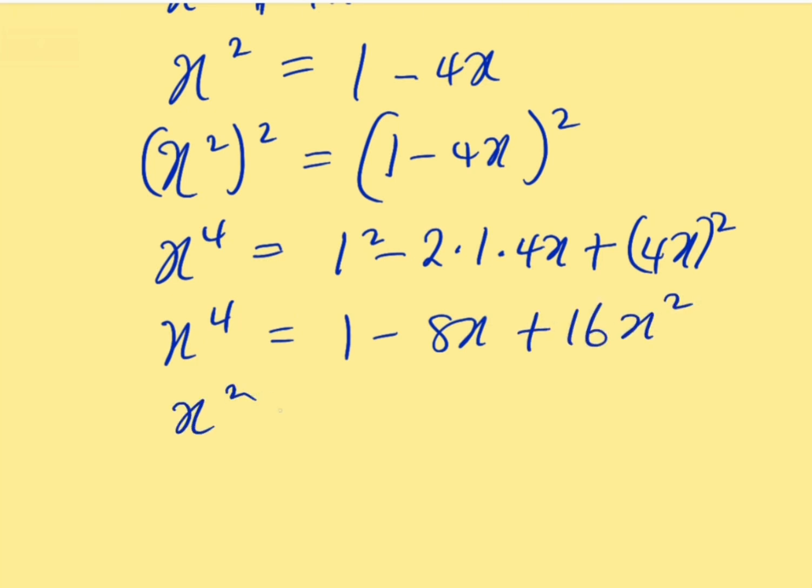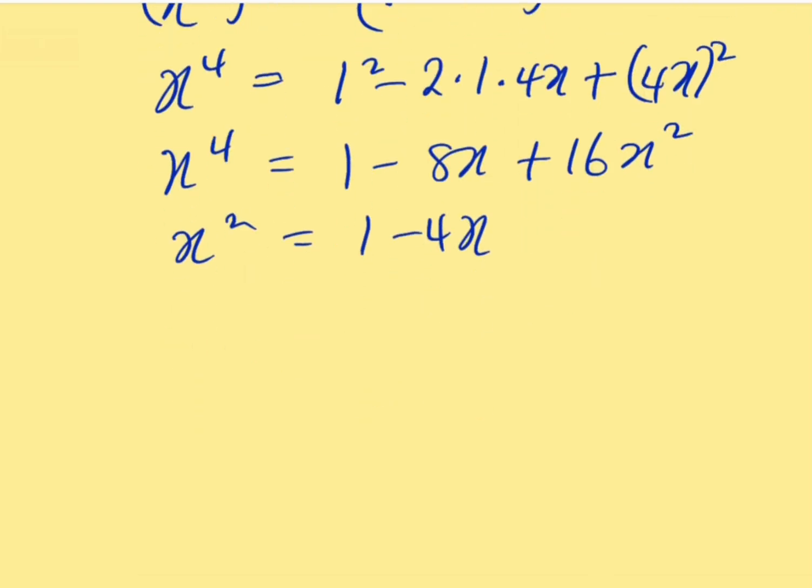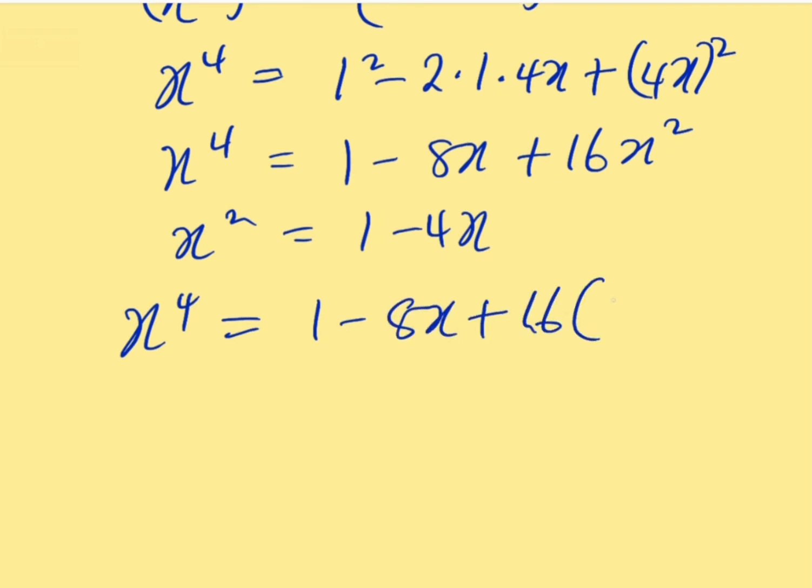But remember that x squared is equal to 1 minus 4x from here. So anywhere you see x squared, you put 1 minus 4x. The essence of doing this substitution is to remove the power of 2 there, so that the simplification will be easier. Now x to the power of 4 is equal to 1 minus 8x plus 16, then you put 1 minus 4x.